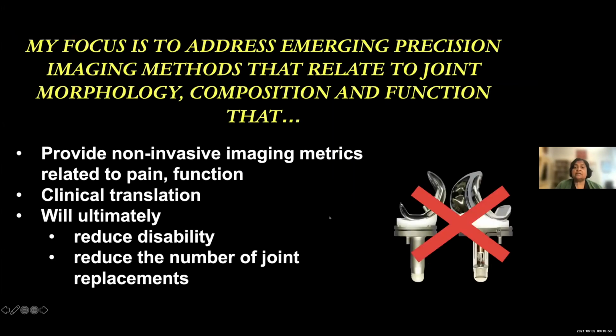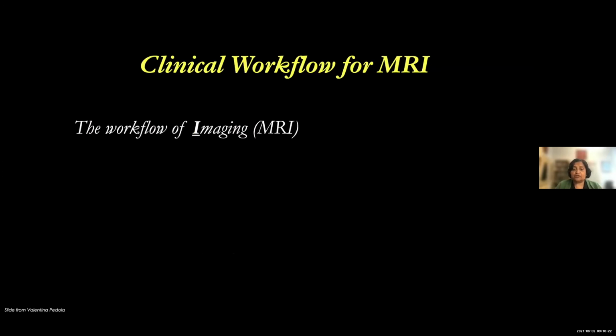So my focus today is to address emerging precision imaging methods that relate joint morphology, composition, and function that provide non-invasive imaging metrics related to pain. I won't address function today. We'll talk about the clinical translation, and the ultimate goal is to reduce disability and the number of joint replacements. And in all of this, the essential potential of artificial intelligence.